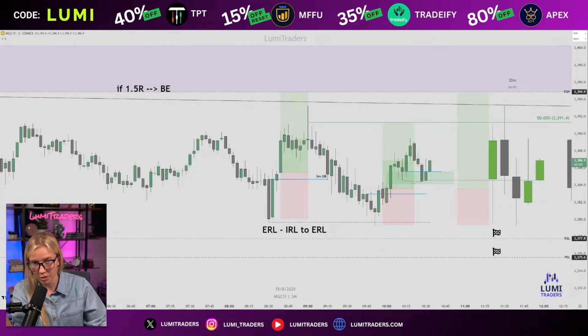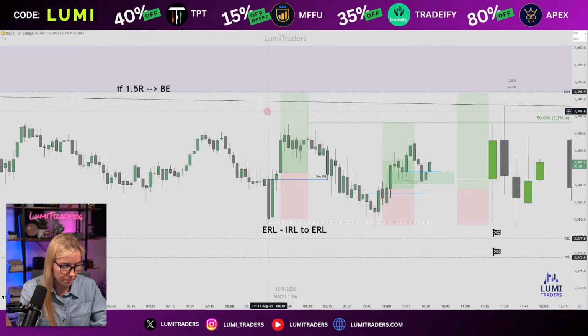Even gold looks good to me. Yes, it didn't hit my TP here. It didn't hit TP over here. It's fine. But once again, the overall structure was good. At least it presented opportunity, right?